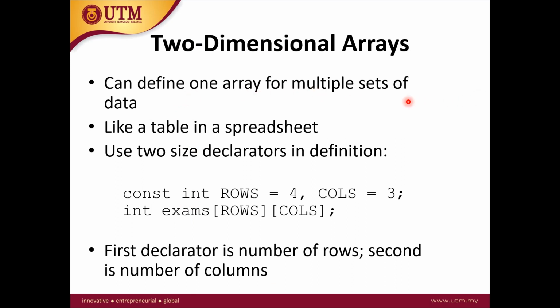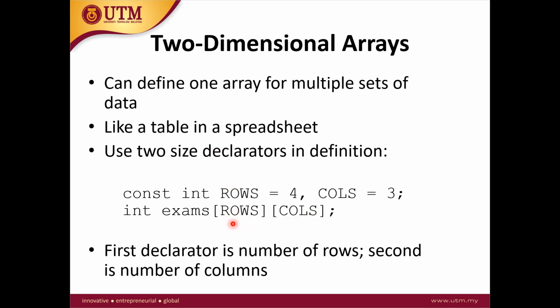That means in single-dimensional arrays or normal arrays, we've got only rows, while in two-dimensional arrays we've got rows and columns, like a table in a spreadsheet, so we need to have two sizes instead of only having one size. For example, in the normal arrays we've got only one size in order to declare the number of elements in that array, but in the two-dimensional arrays we've got two sizes, which are rows and columns.